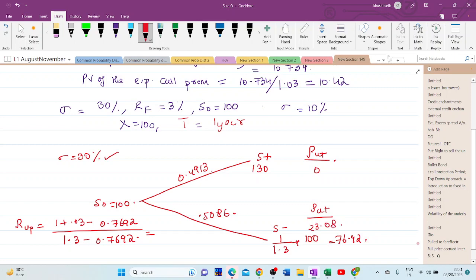So the expected value of the put in 1 year is going to be 0.5086 into 23.08. ये आ रहा है expected value in 1 year is 11.734, but this is the expected value in 1 year. We need to calculate the present value of this expected value. 11.396 आ रहा है या 11.4 आ रहा है.